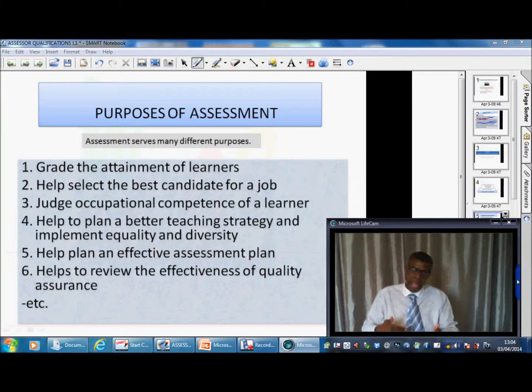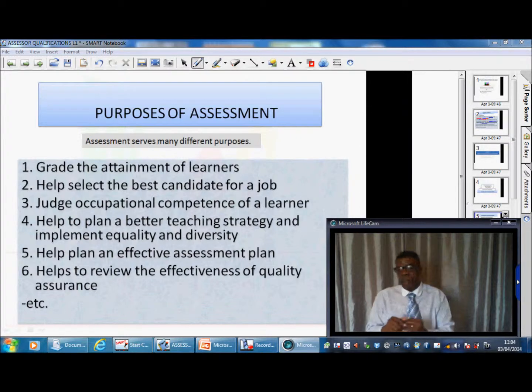So you're going to have that criteria, and you're going to observe the person at work. As you're observing, you're recording notes. Either they're achieving or they're not achieving. So the purpose of assessment is to judge occupational competence. So it's very critical for you to understand why you assess.